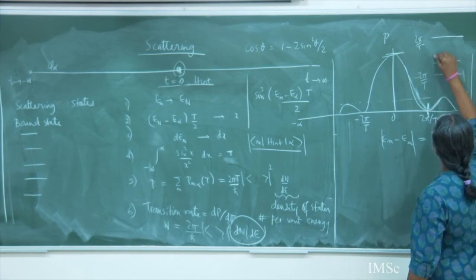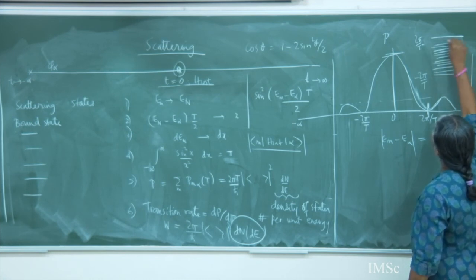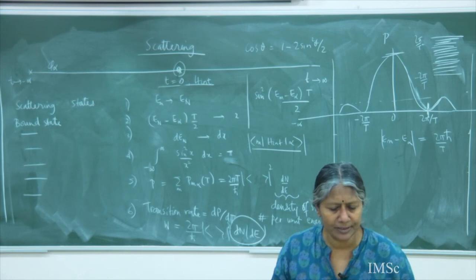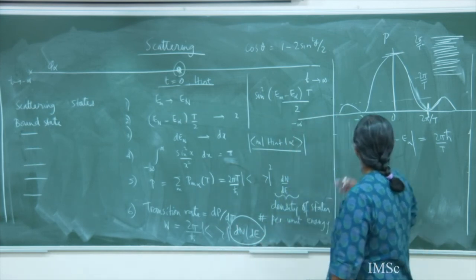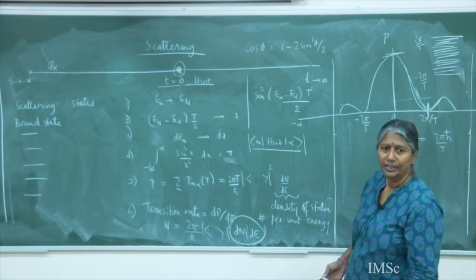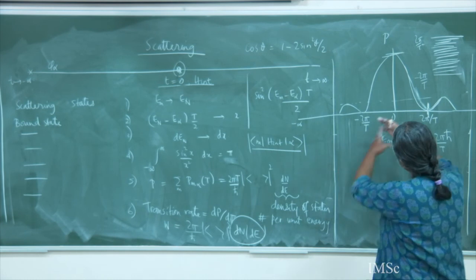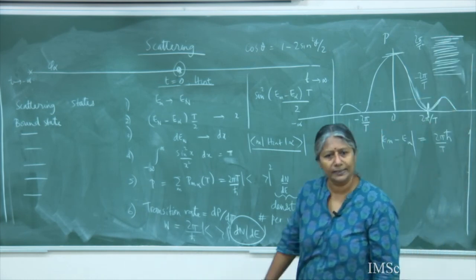So if I have 3 states here, or if I have 155, obviously the contribution is going to be different, right? Geometrically you can see that, and therefore the transition rate has to depend on the number of states available to you in that energy range, okay. And that energy range is not over the entire energy range, but really what is going to dominate is this small energy range.